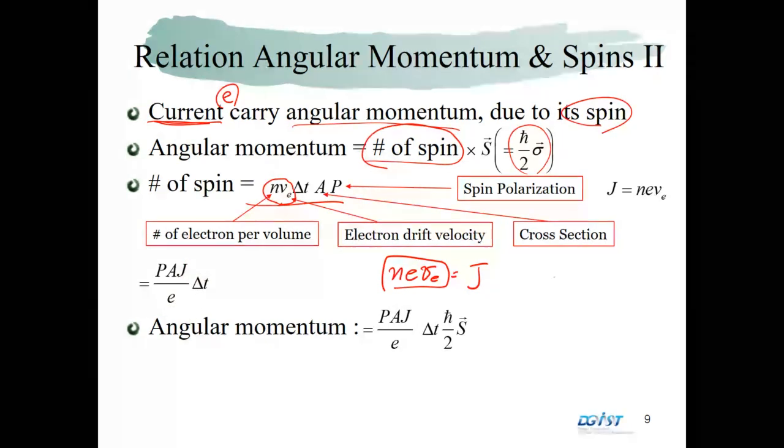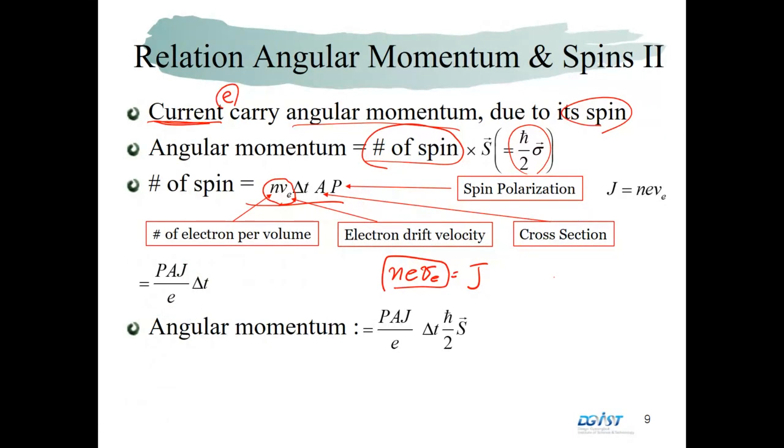Okay. And the total angular momentum of the spins is, this is the number of spins, and each spin carries its angular momentum. So that's the total angular momentum carried by the charge carrier density J.